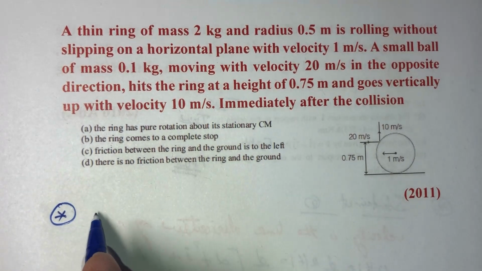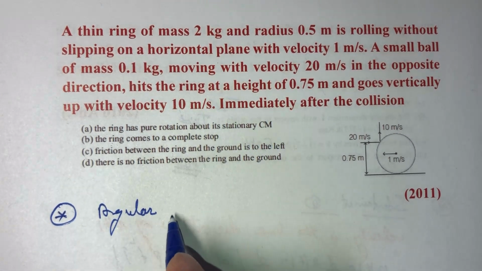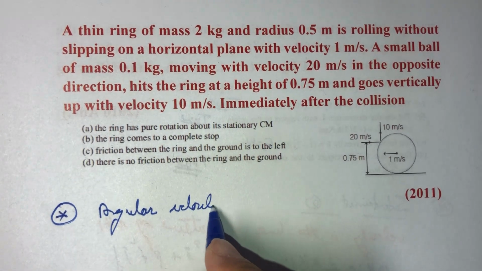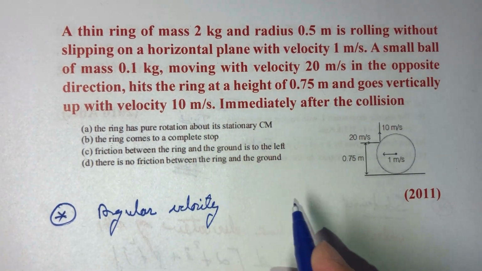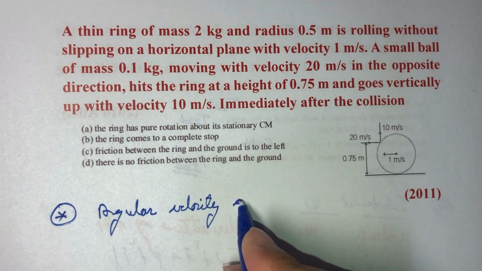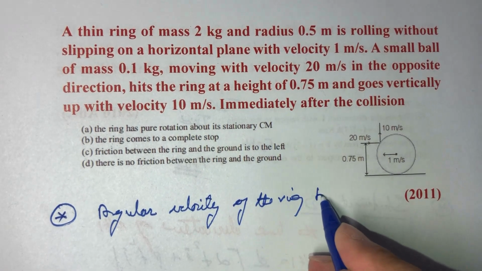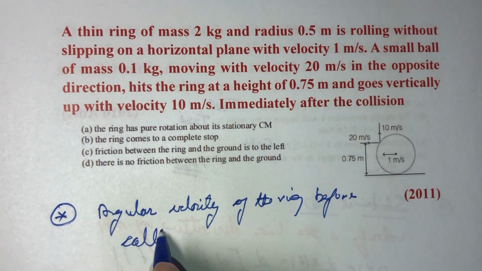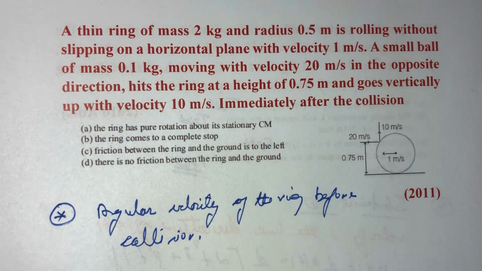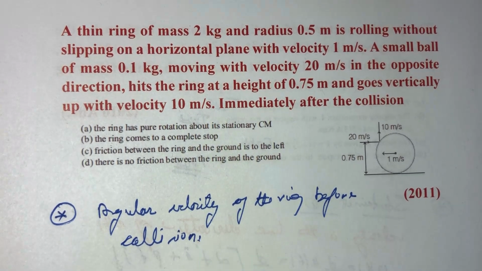let us first of all find out the angular velocity of the ring before collision, and it is said that there is no slipping.